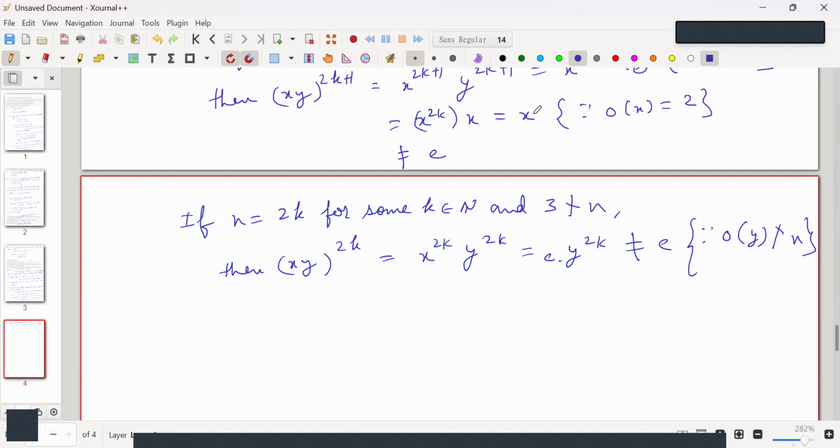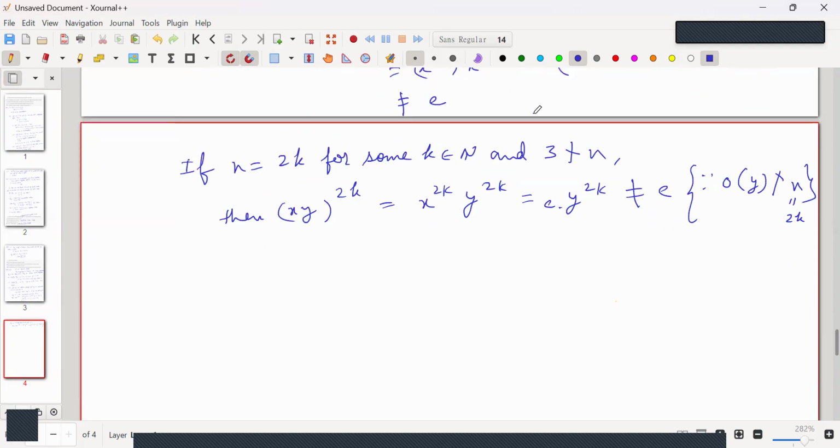If y raised to something is identity, then the order of y should divide that something. Here the order of y, that is 3, is not dividing 2k, so y raised to 2k cannot be equal to identity. So if it is divisible by 2 and not divisible by 3, then also it cannot hold.